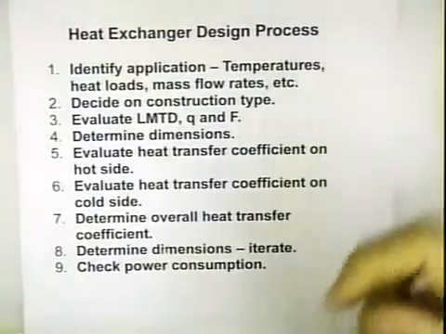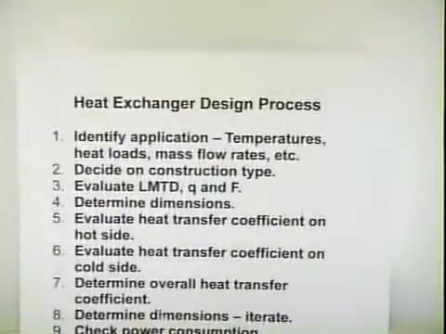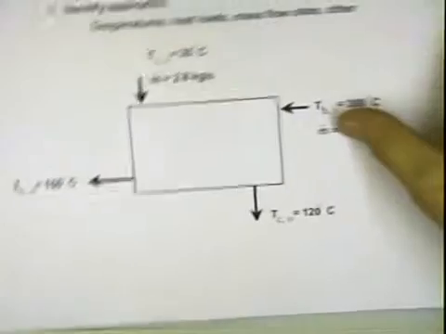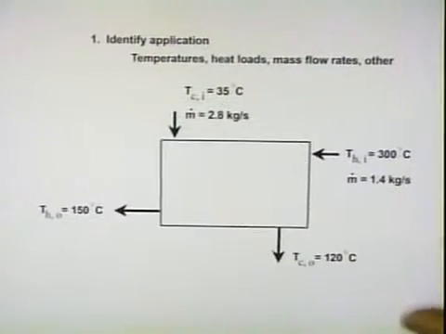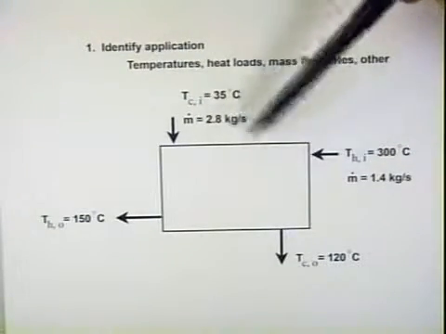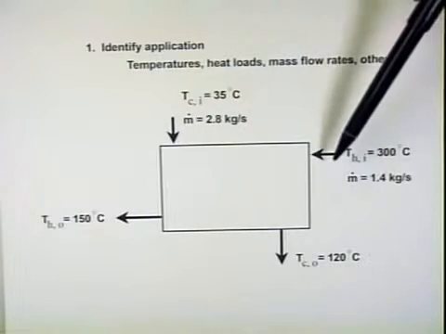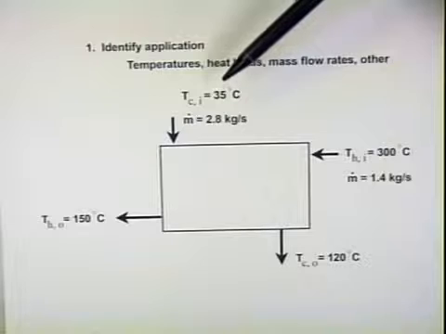Okay, so first of all, let's go through the identify application process. And I've drawn a little diagram here to help you with that. At this point, we really don't have the type yet. In this case, we just have a heat exchanger where we have cold flow coming in, hot flow coming in. In this particular case, it's been specified for us.